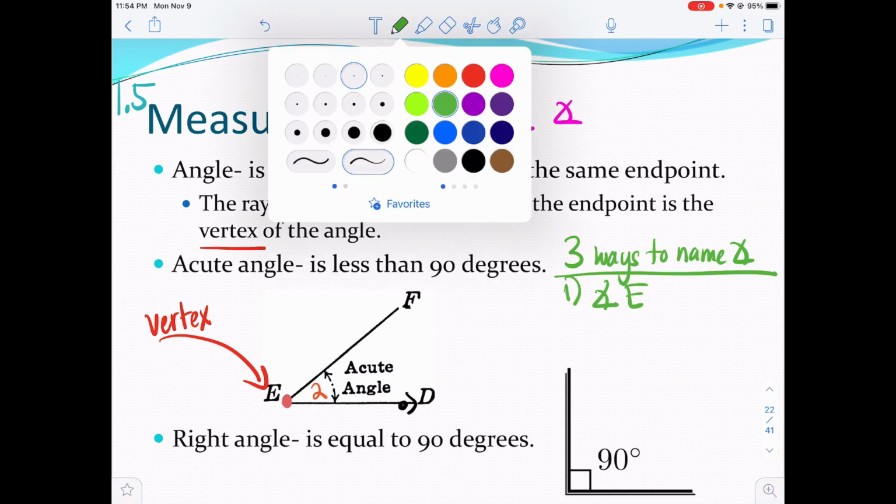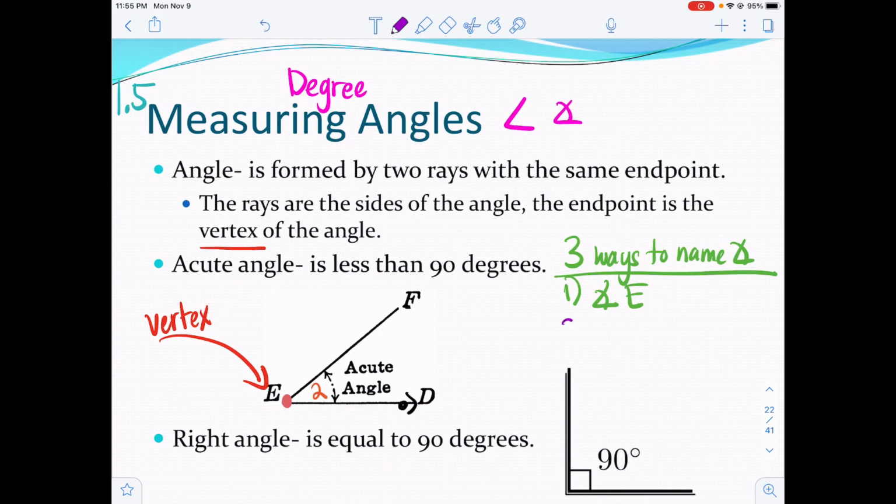But again, you want to stay away from it because this second method, which right here, this is the one you want to use all the time. You want to go ahead and use 3 letters. The 3 letters that you're going to use are the ones that help form the angle. Which ones am I referring to? I'm referring to the 3 points on your angles.